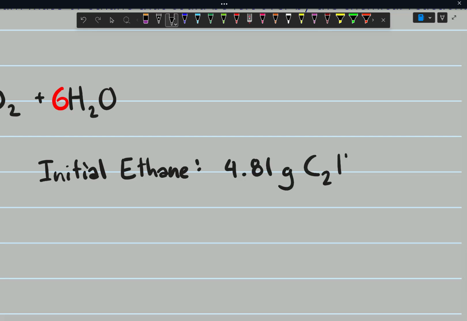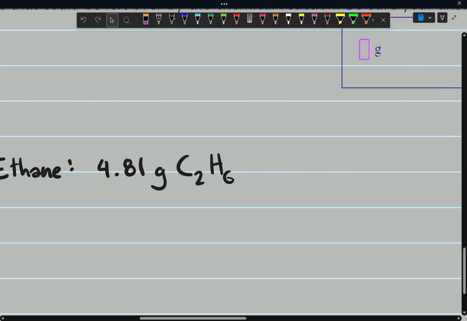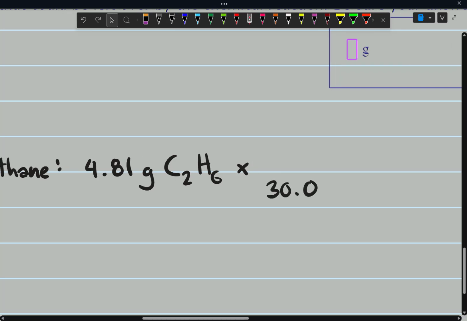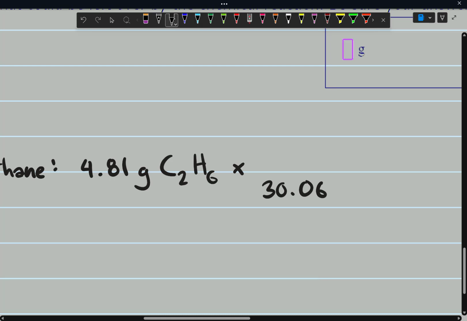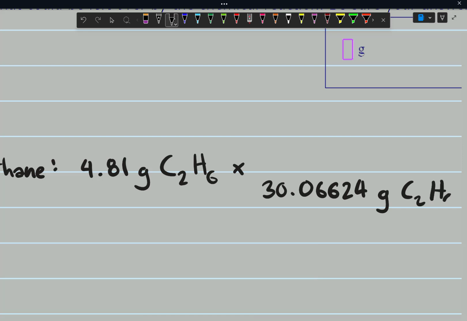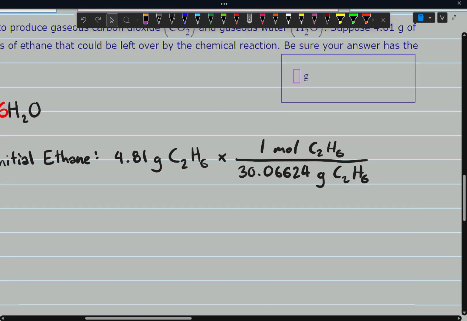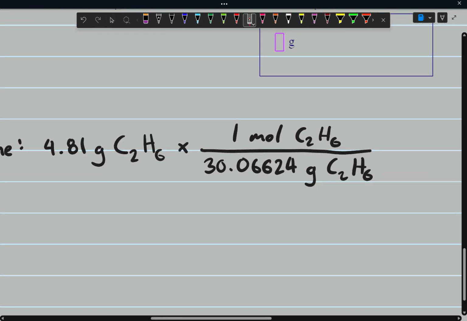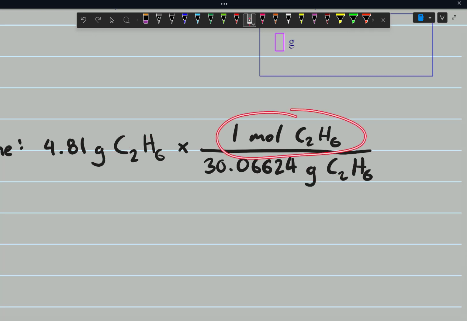Ethane is C2H6, and we multiply that by the ratio of 30.06624 grams of ethane per every 1 mole of ethane. Remember, that's just the molar mass flipped upside down, and we can use this to cancel grams of ethane and be left with how many moles of ethane we have.